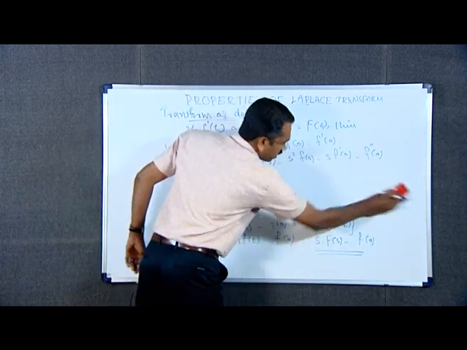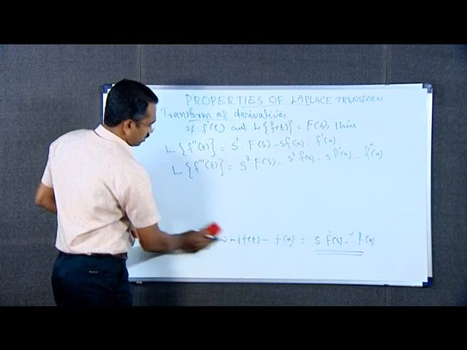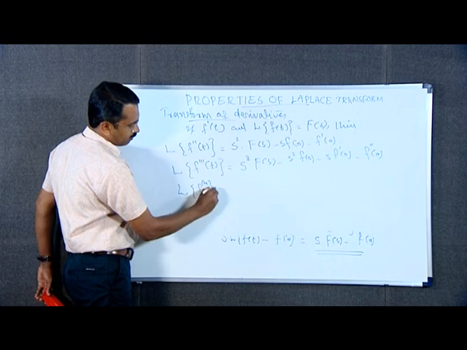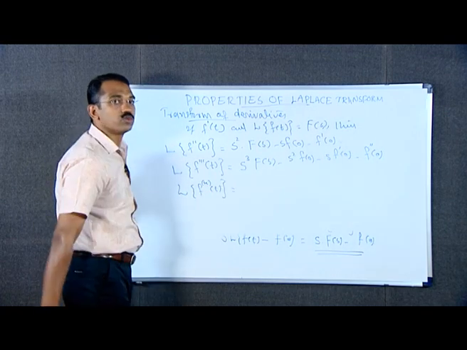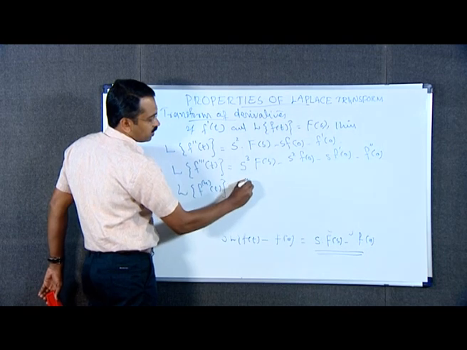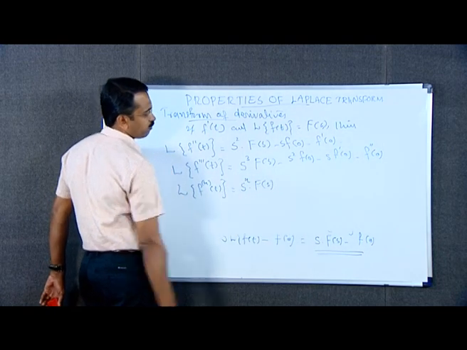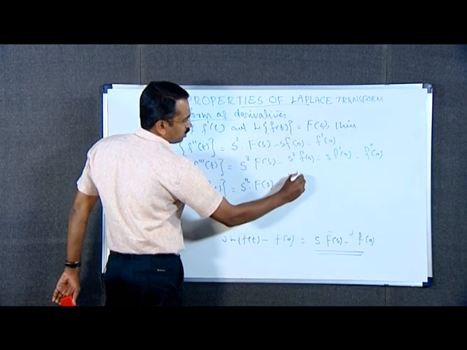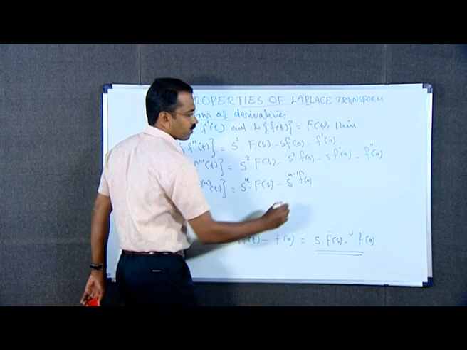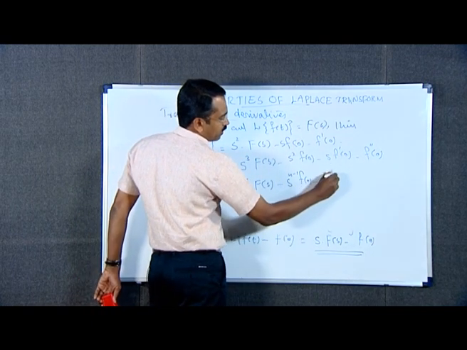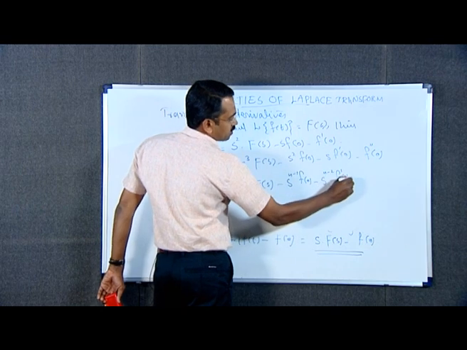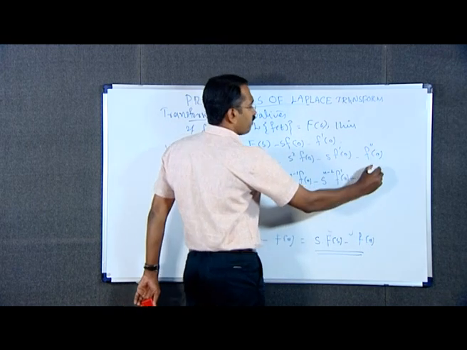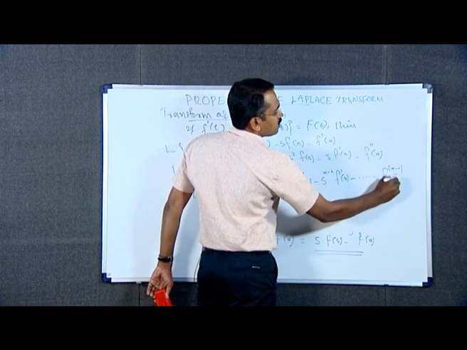In general, we can show that the Laplace transform of the nth derivative f n of t is equal to s raised to n into the Laplace transform of f of t minus s raised to n minus 1 into f of 0 minus s raised to n minus 2 into f dash at 0 minus etc. minus the n minus 1th derivative at 0.